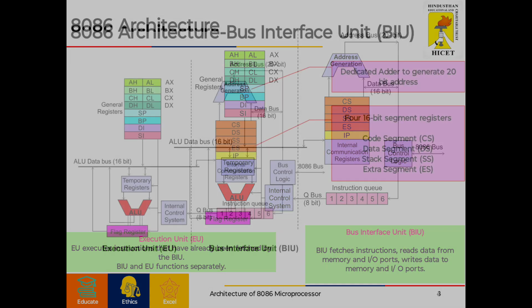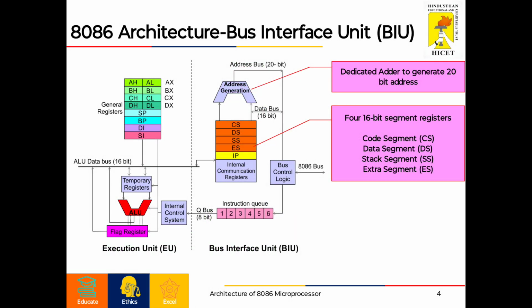First we are going to see the bus interface unit. The function of the bus interface unit is to fetch the instruction, read the data from the memory and IO ports, and write the data to the memory and IO ports. The bus interface unit consists of the address generation unit.